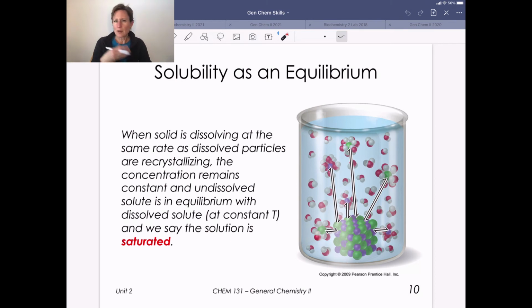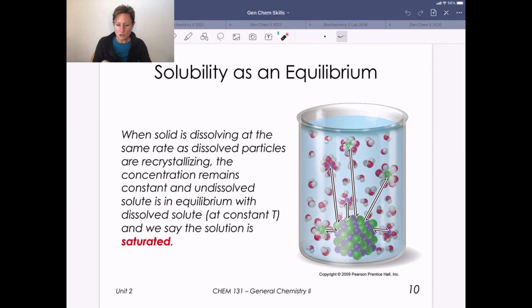Remember the bottle of water sitting out, and eventually you'd see water condense on the top of that bottle because water molecules were simultaneously escaping from the liquid phase into the gas phase, but then also going back into the liquid phase. And we would reach a certain vapor pressure of water, a certain concentration of water molecules in the gas phase, after a certain amount of time. That idea of molecules going into the gas phase and coming back to the liquid phase created what we call a dynamic equilibrium.